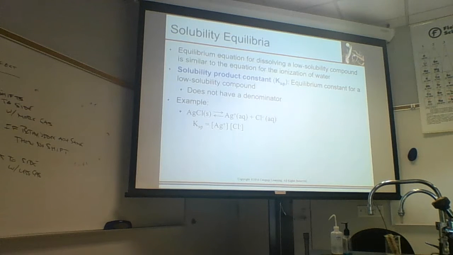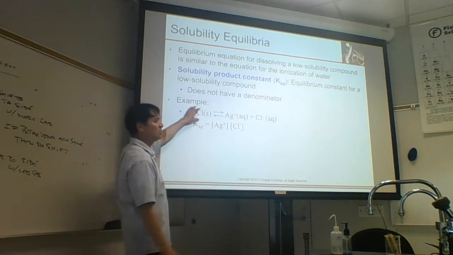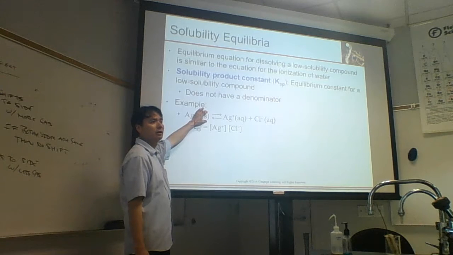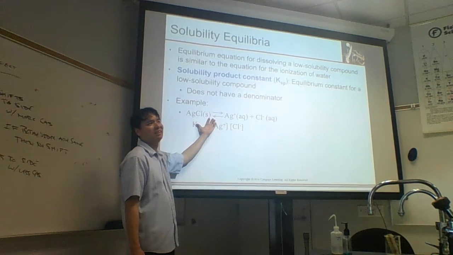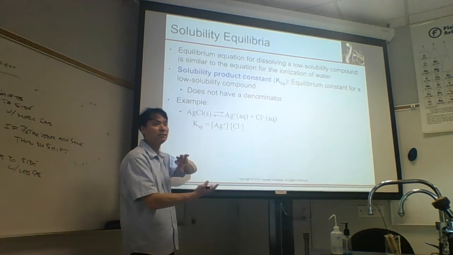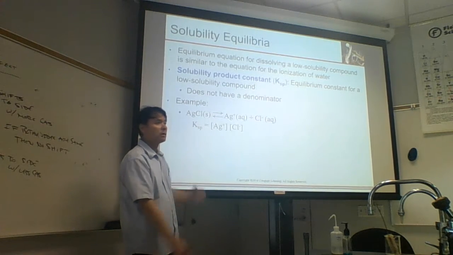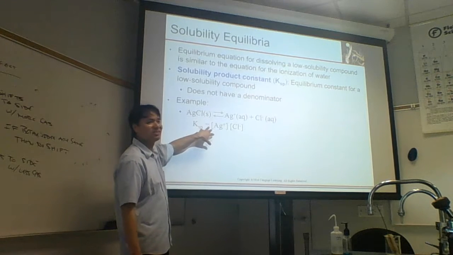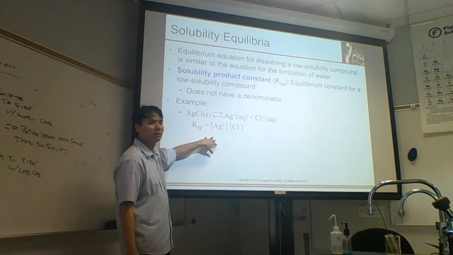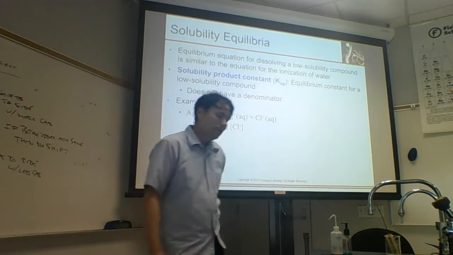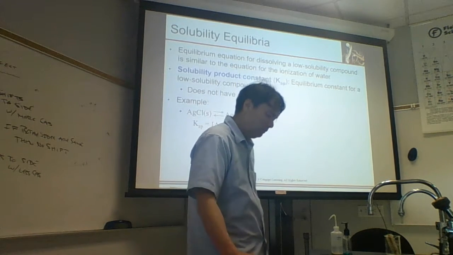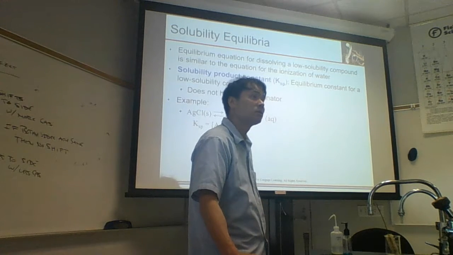Did the concentration change? No, the same thing happens. If I start off with pure silver chloride, 10 grams of pure silver chloride, and let's say 500 milligrams dissolved. Does that mean the rest of my silver chloride is no longer, in other words, is it still pure silver chloride?